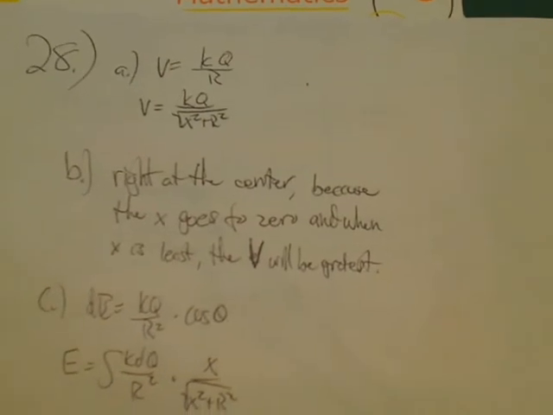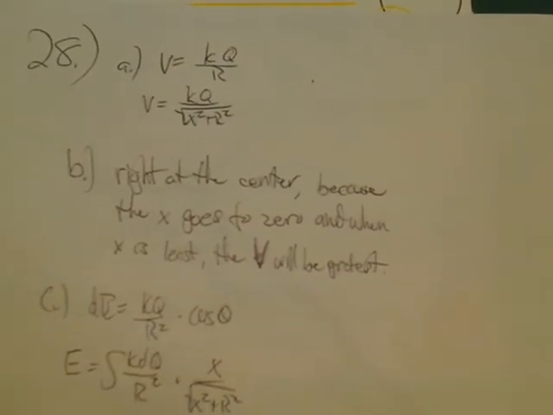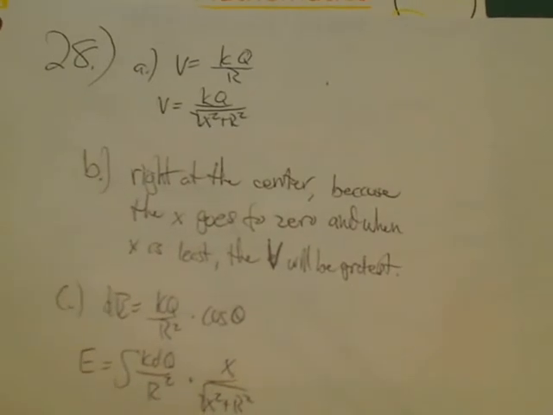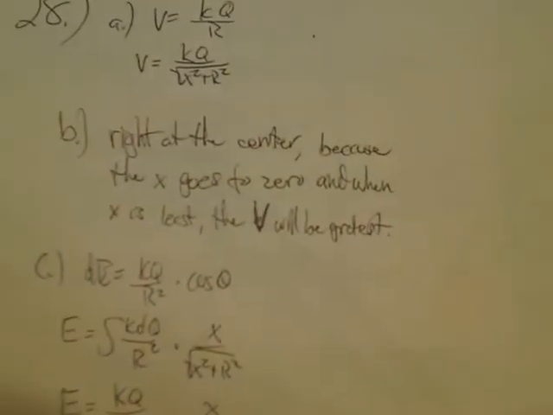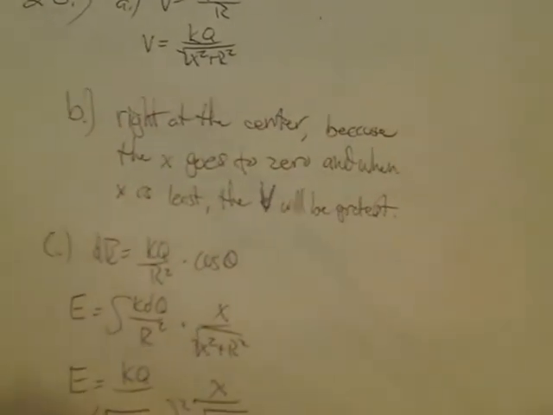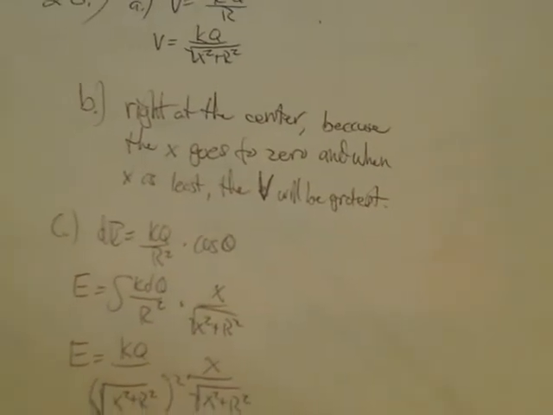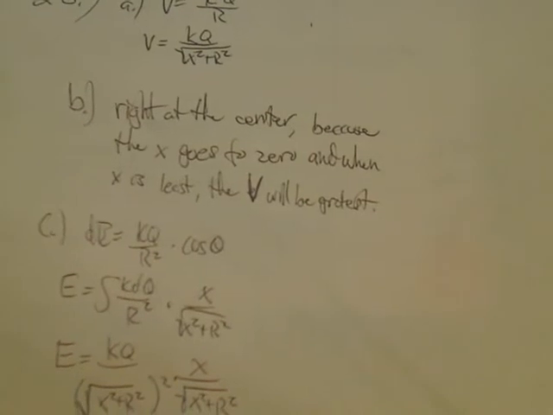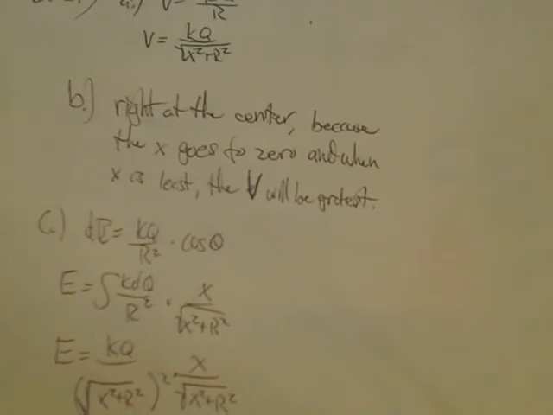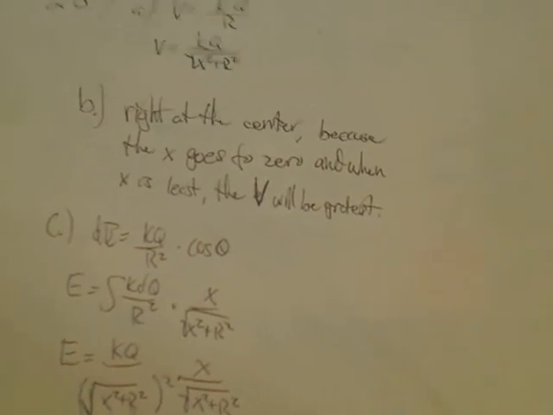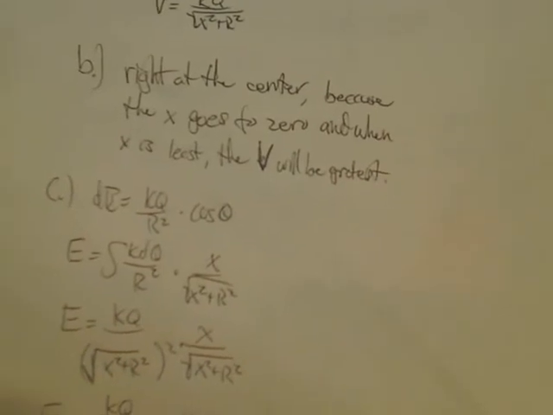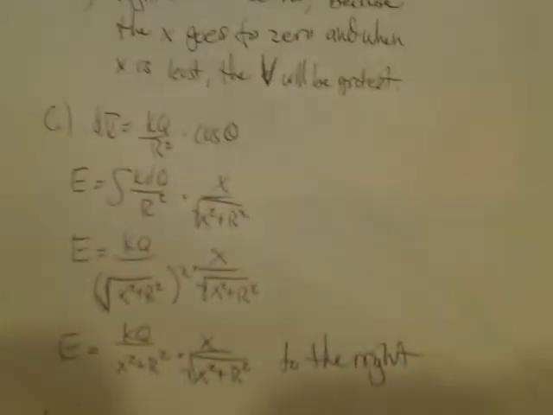So it was just V equals kq over r, aka the square root of x squared plus r squared. B then asks you where the electric potential is greatest. It's right where the distance will be the least, and in this instance that is where x is equal to the least number it can be, which is 0, right in the center of the ring. So right in the center of the ring, the electric potential will be the greatest.